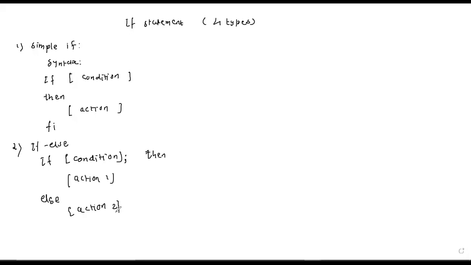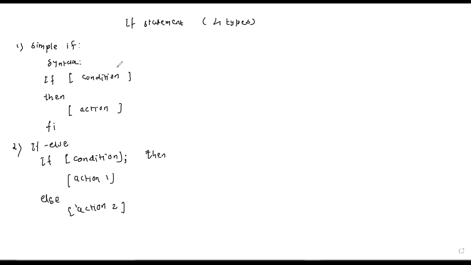We have to execute action 2. So if this condition is true, it will execute action 1. If this condition fails, then it will execute action 2. Is it clear? So this is the syntax for if else.